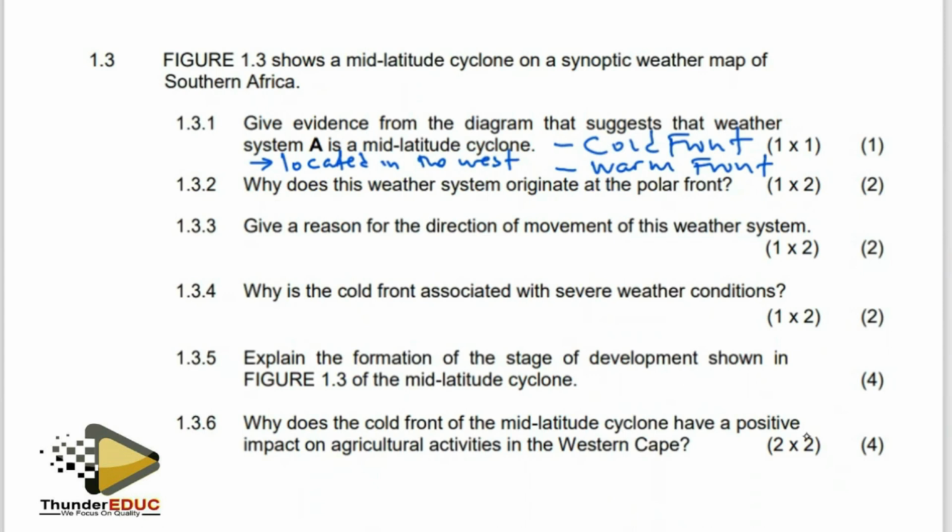Why does this weather system originate at the polar front? Then we know at the polar front, that's where we have warm winds and cold winds.